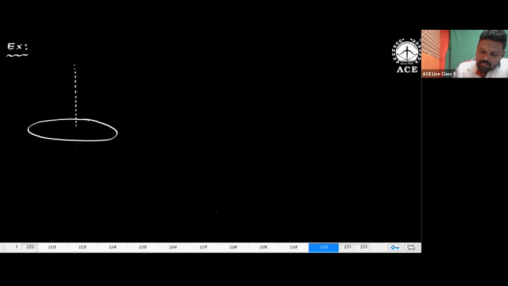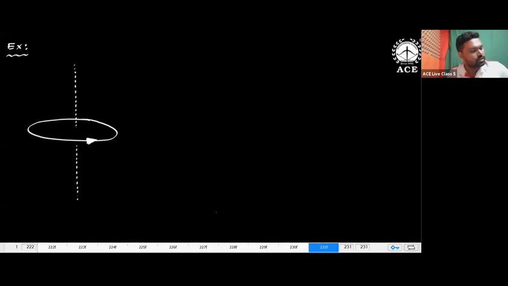I am going to turn the page. So here is a case, beta. For example, I am going to draw three figures here. Let us consider a circular current loop. If I put my thumb like this, my fingers will show the direction of the magnetic field.